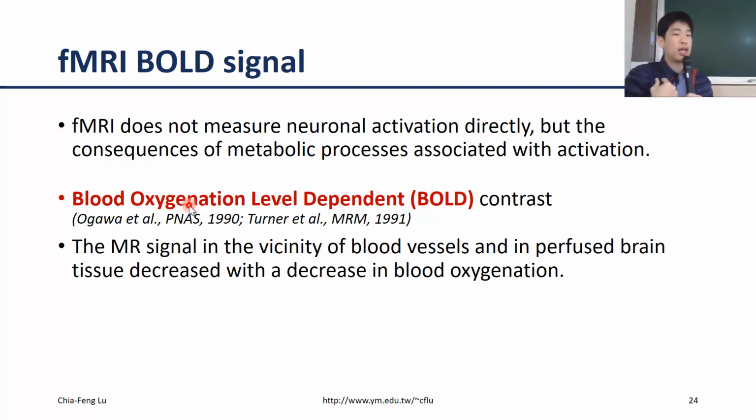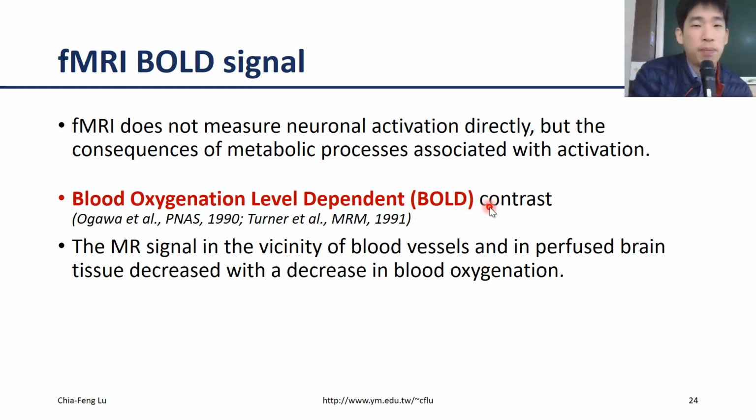But also the oxygenation level depends on the brain activation, because once the brain activation happens, the oxygen consumption will increase. So these two things will give you a net number of the oxygenation level. And as we mentioned before, during the brain activation, the blood oxygenation level should increase, okay, to compensate the demands of the energy.